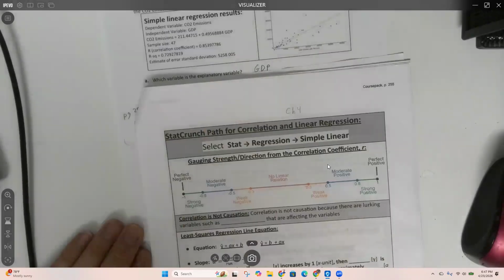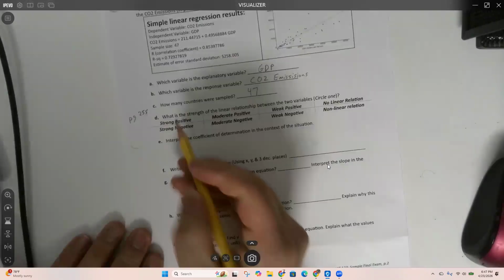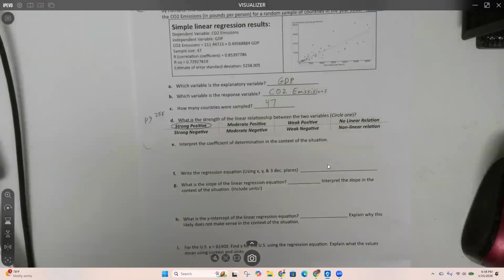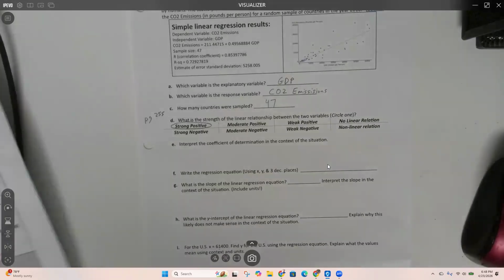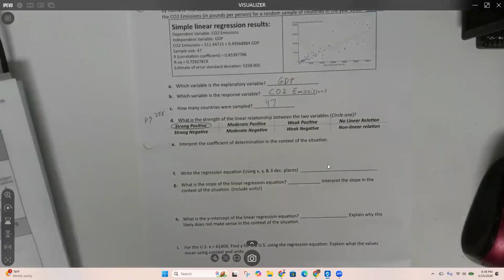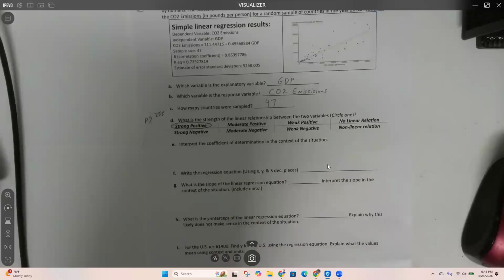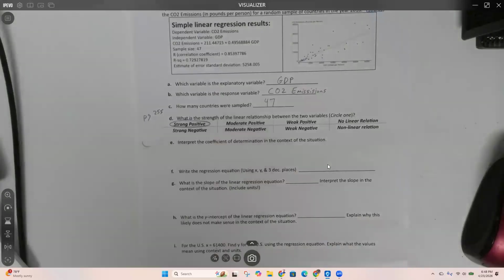So it is strong positive. Which makes sense, right? If a country makes more stuff, they're going to put more CO2 into the atmosphere. You have more factories, more people, more tractors producing food, right?